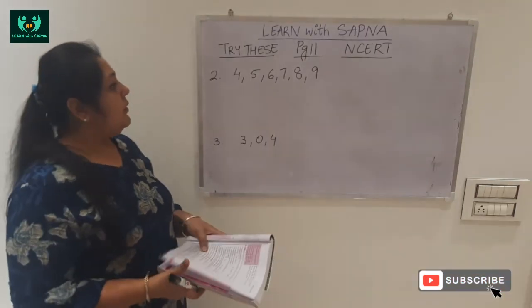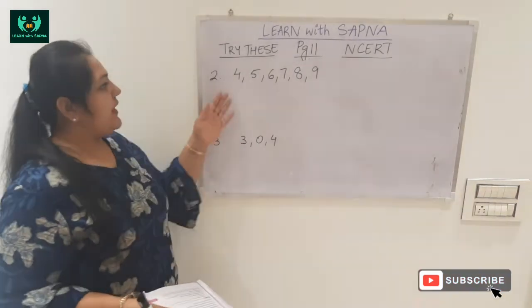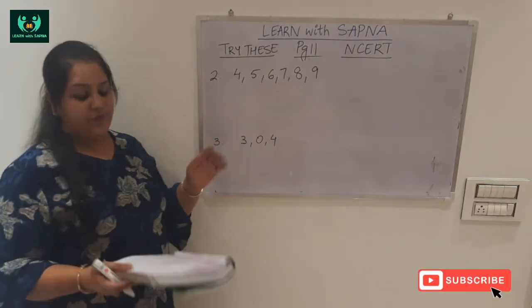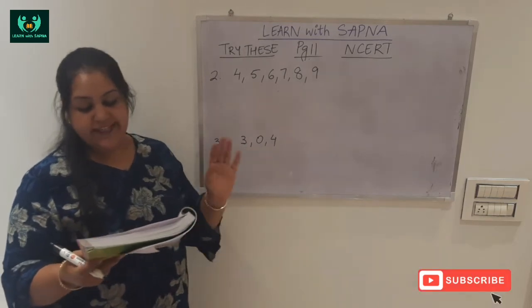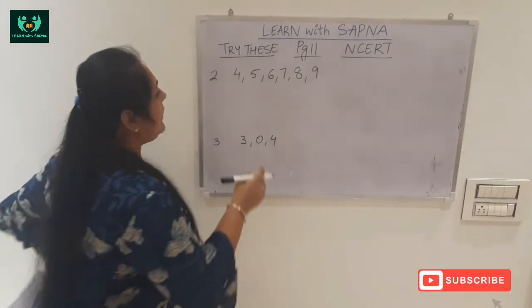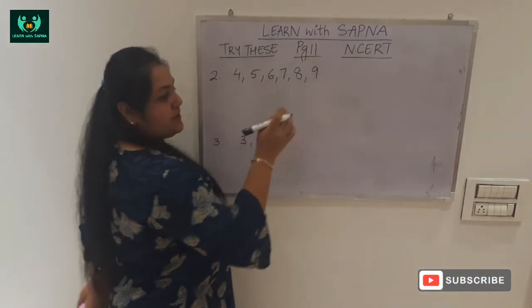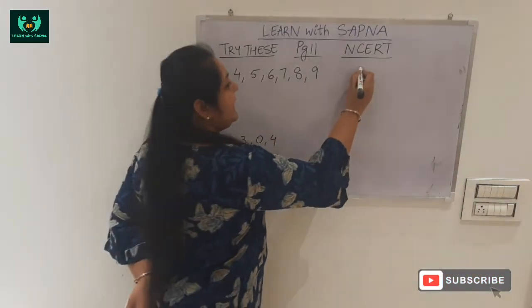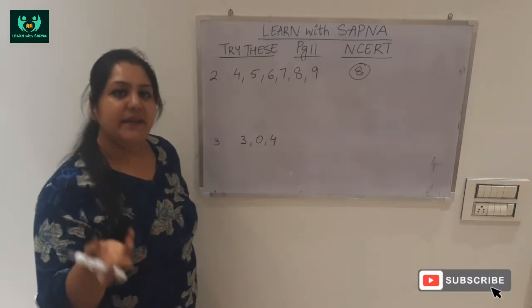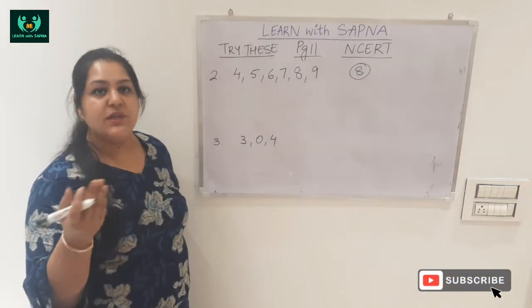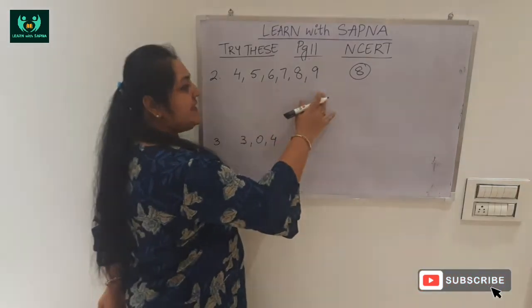Okay. So now in second and third question also we have given a number of digits and we have to form numbers. Let's see. In second we have to make 3 numbers each with 8 digits. Now here we are given 6 digits but we have to make an 8 digit number. So what does that mean? कहीं ना कहीं हमें किसी नंबर को रिपीट करना पड़ेगा. We'll have to use repetition because we have only 6 digits.